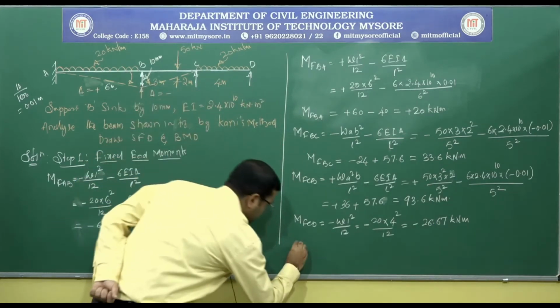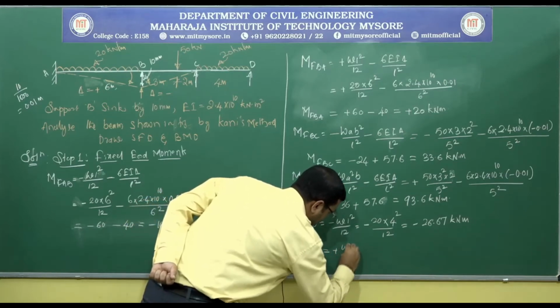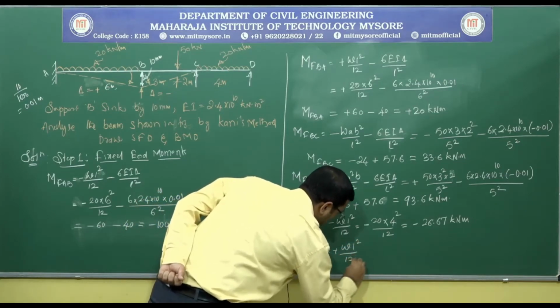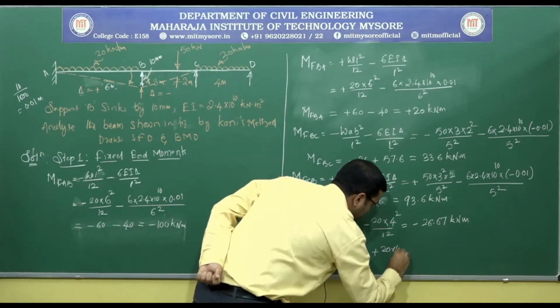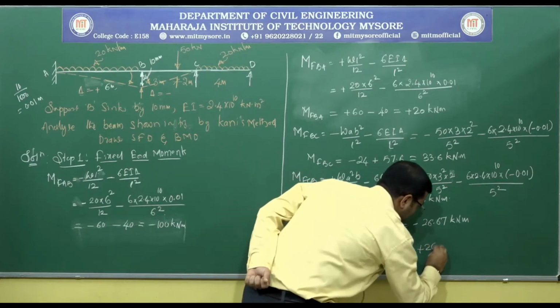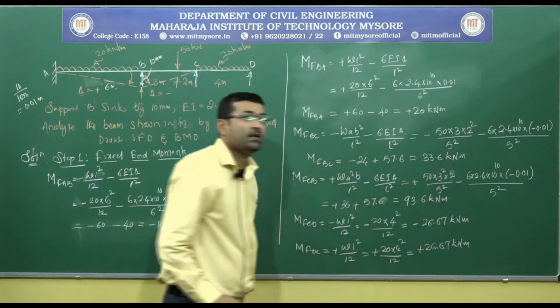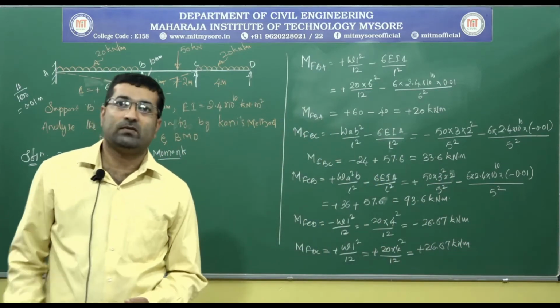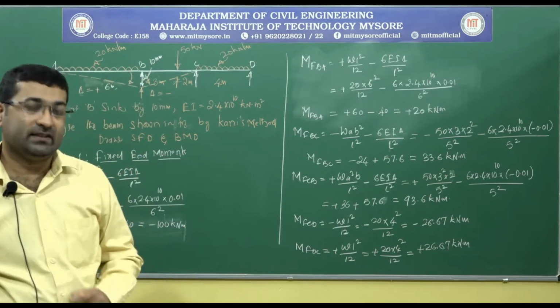And lastly, MFDC is equal to plus WL square by 12, which gives us plus 20 into 4 square divided by 12 equals plus 26.67 kilonewton meter, right. So these are the fixed end moments for the span AB, BC and CD.